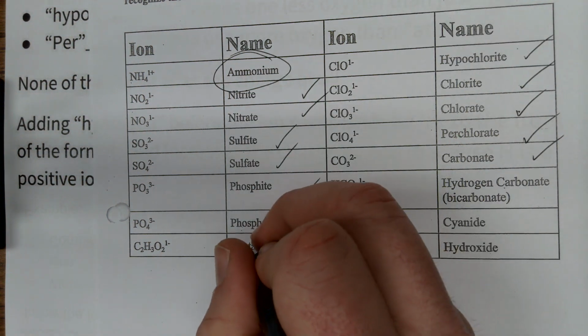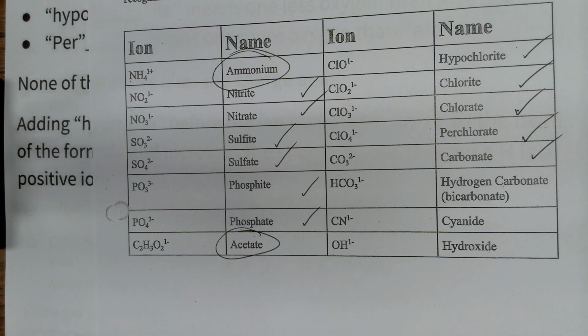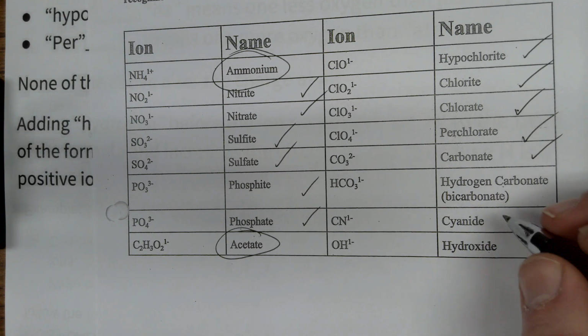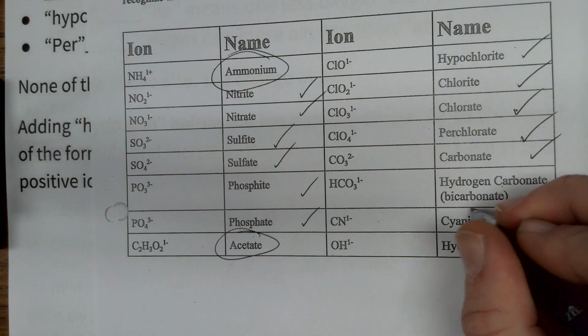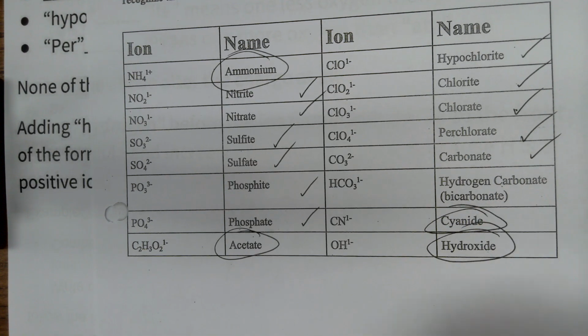Ammonium, acetate, because we don't see acetite, cyanide, and hydroxide. There's only 4 that are weird, that don't fit easily into my rules. So, best thing for you to do is put those 5 -ates to memory.